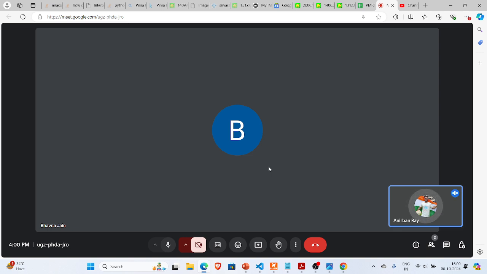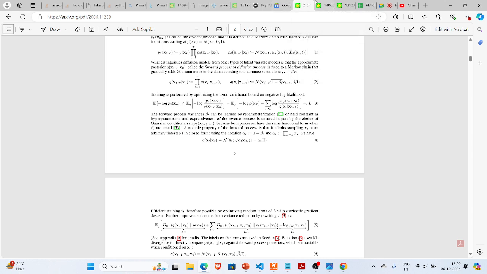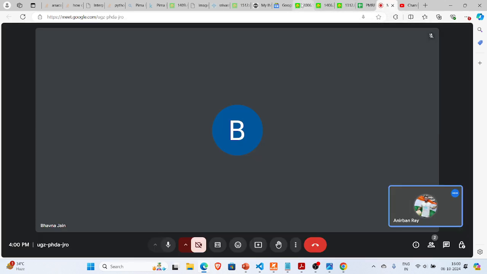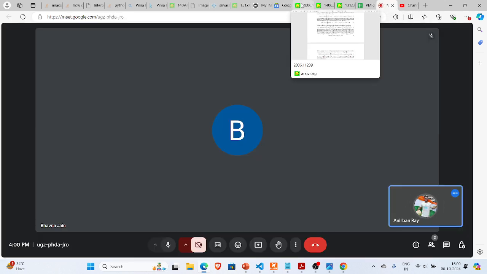This is going to be a special session where I'm going to cover a special type of machine learning models called generative networks.